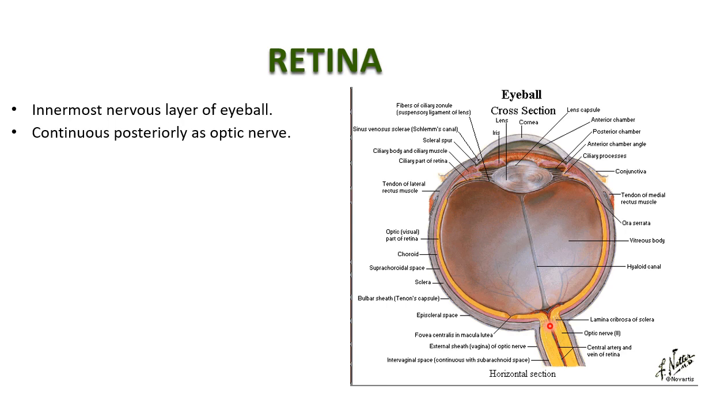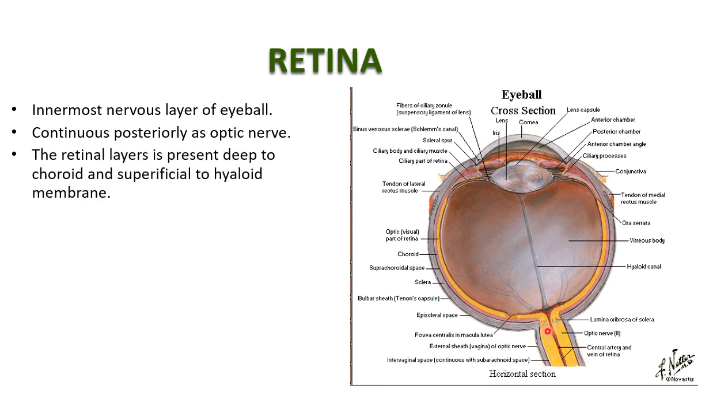It is present deep to the choroid, and the outer two to three layers are very much adhered to the basement membrane of the choroid. But more medially you have another membrane called the hyaloid membrane, which separates this from the vitreous humor.